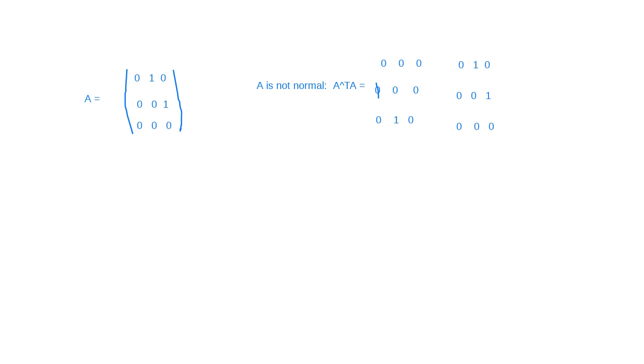When I multiply these two matrices together, what do I get? I get zeros in the first row. And then this row times this matrix gives me 0, 0, 0.